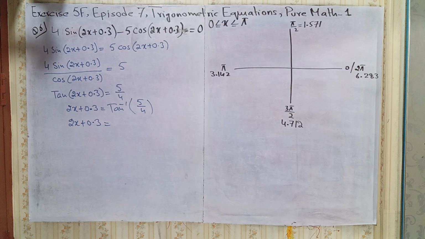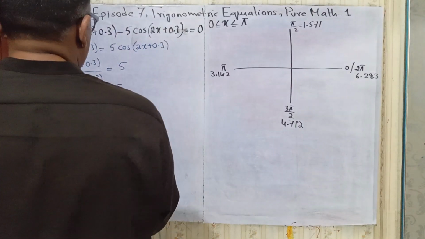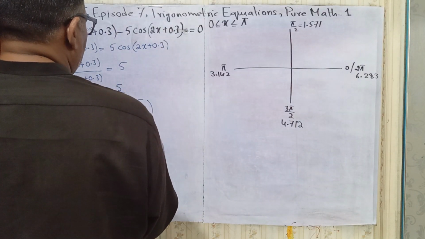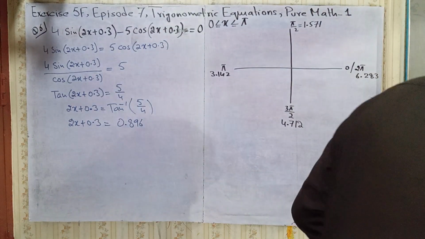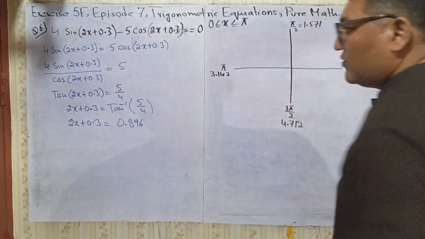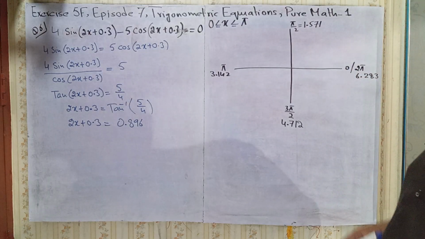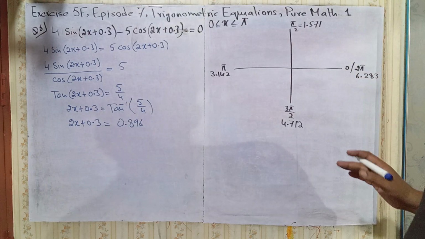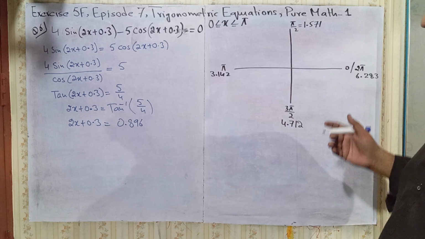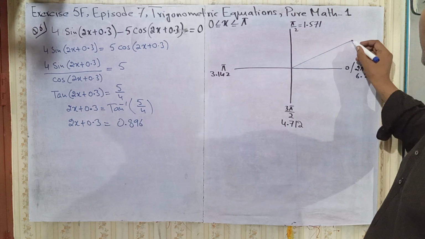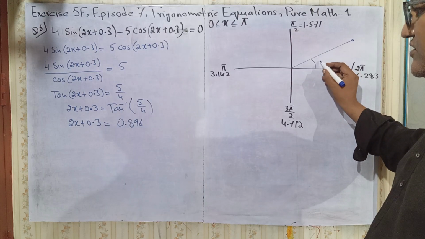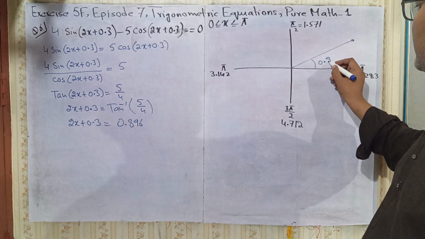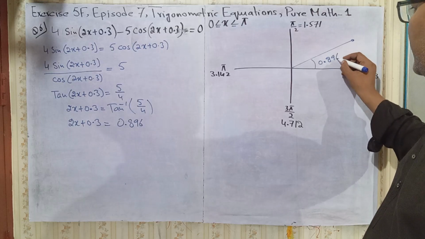it is 0.896. Okay, so the base angle is 0.896. Because here the tan is positive, you can see this is positive, so the tan is positive in two places. The tan is positive in this place, so this angle is 0.896 radians.